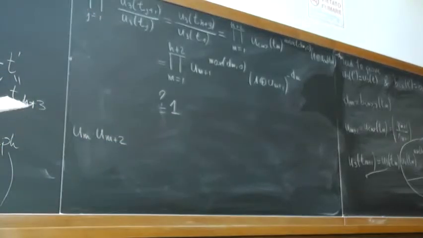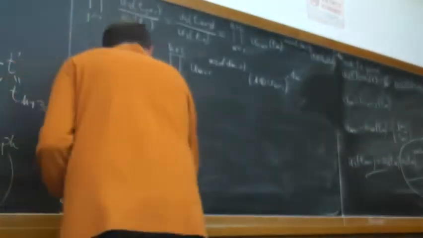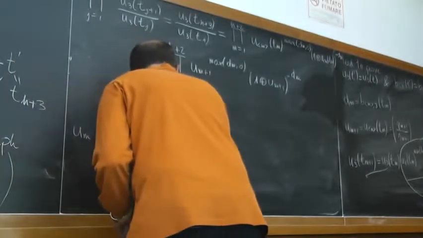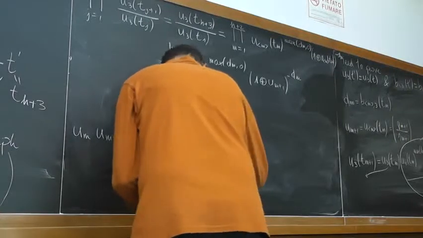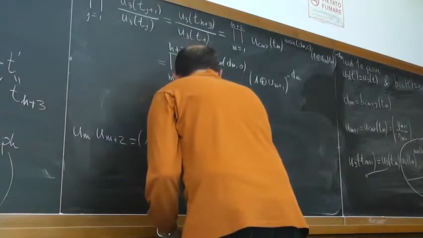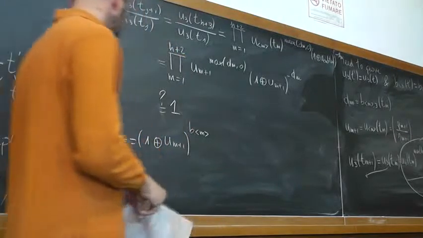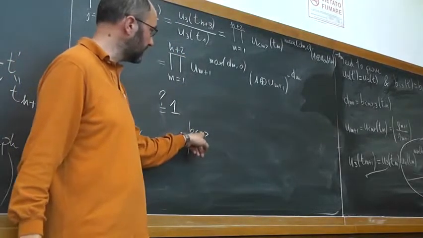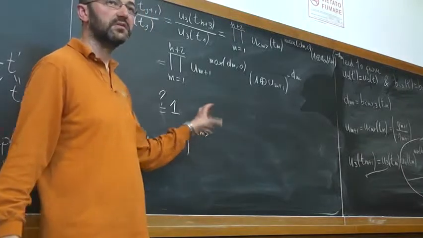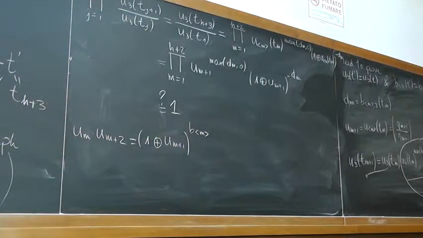There are two cases, that u_{m+2} was 1 plus u_{m+1} to the d_m. We saw this relation the last time, where of course instead of p we had either b or c depending on the parity of m.